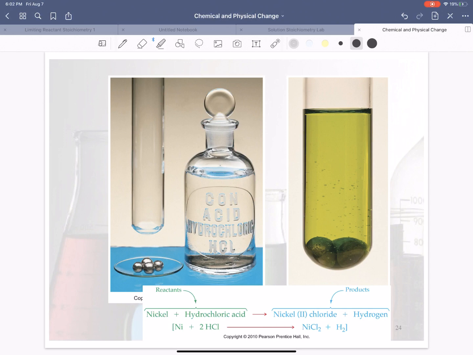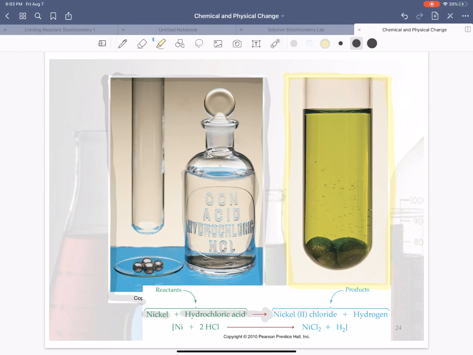Here we have a chemical change. The picture on the left is the before, and the before is written to the left of the arrow. So here we have nickel shot and hydrochloric acid. And you can see evidence of change when you look at the picture on the right, which is the products.